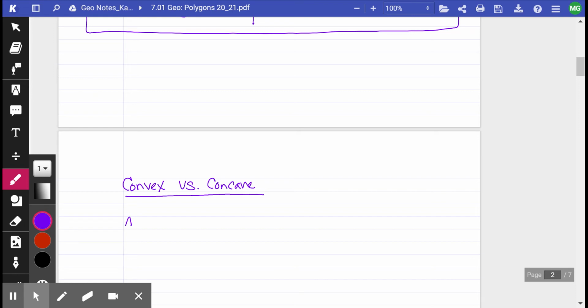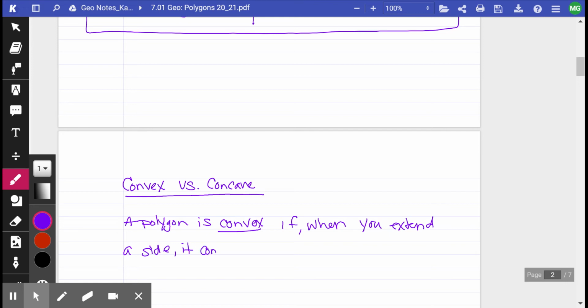So a polygon is convex if, when you extend any side, it contains no point in the interior of the figure.